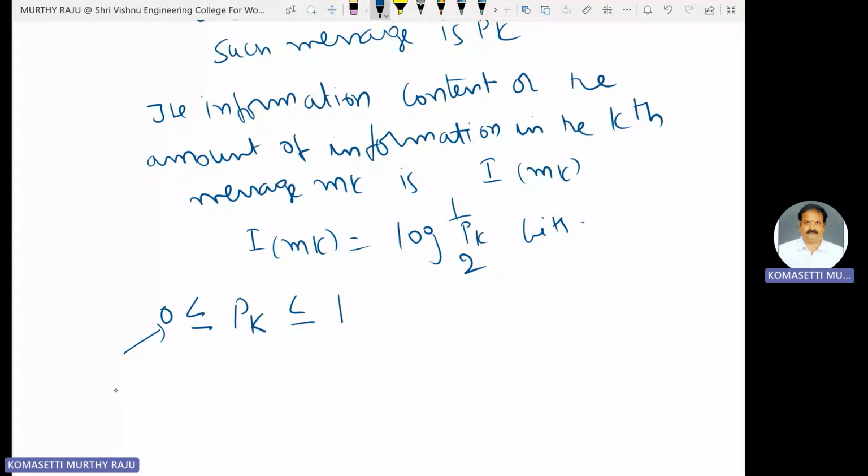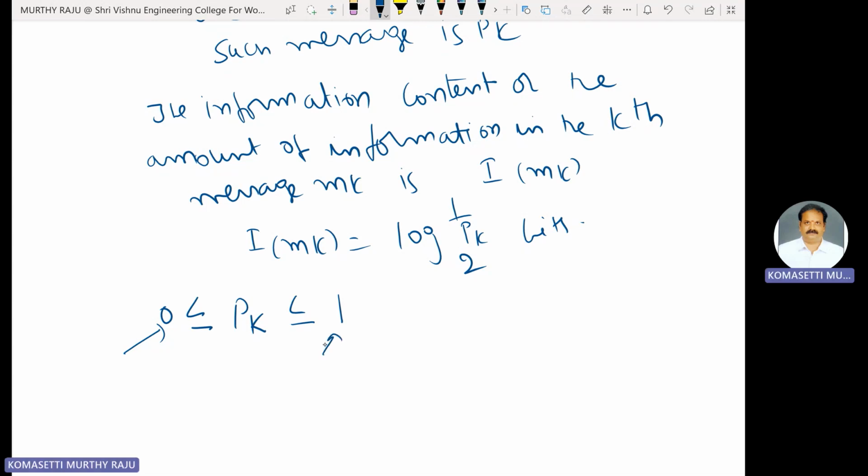That means generally these events do not occur. The probability of occurrence of such an event is 0.